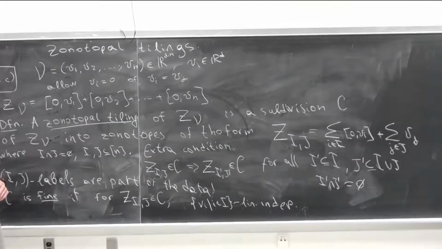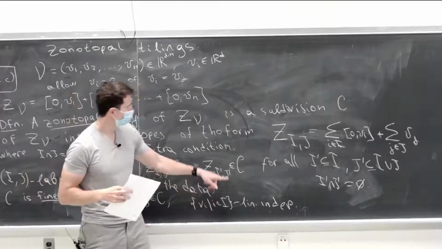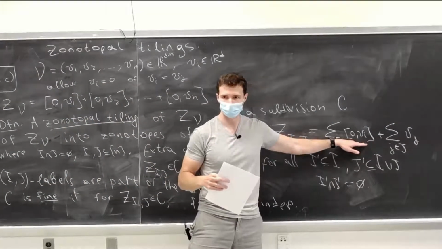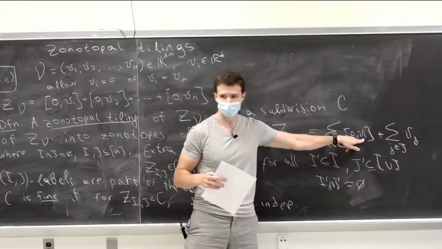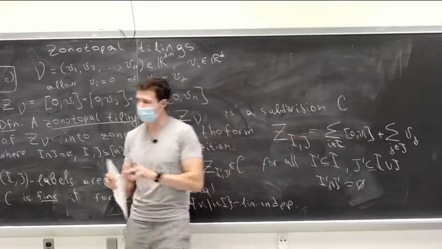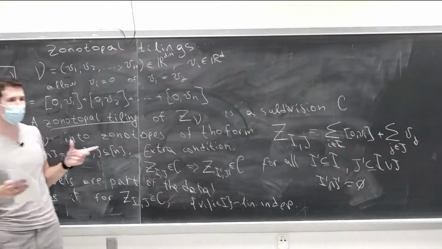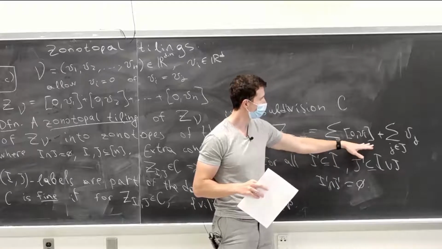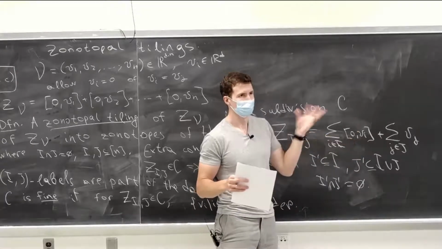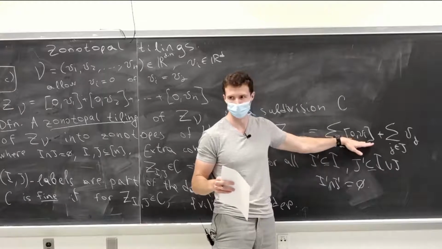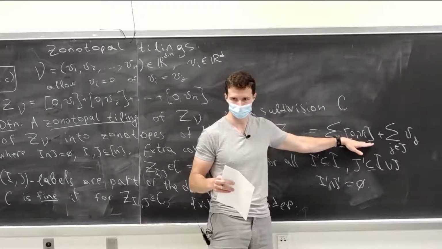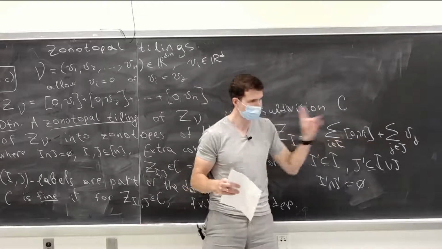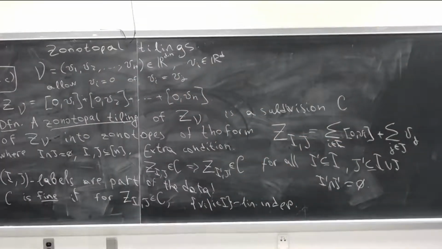So what does this mean? The set I corresponds to the line segments that I'm adding up together, and these vectors have to be linearly independent. That means all of my top dimensional tiles are parallelepipeds, or parallelotopes, whatever the name in English. These are affinely isomorphic to cubes. That's what I mean: you take the Minkowski sum of a bunch of linearly independent line segments.